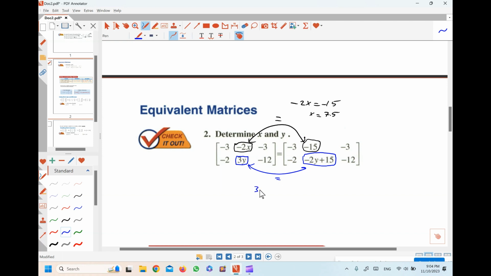Equalize them: 3y equals negative 2y plus 15. Move 2y to the other side. 5y is 15. Dividing both sides by 5, y becomes 3. So we got the value of y as 3, and we also got the value of x as 7.5. This is pretty easy. Let's move on.